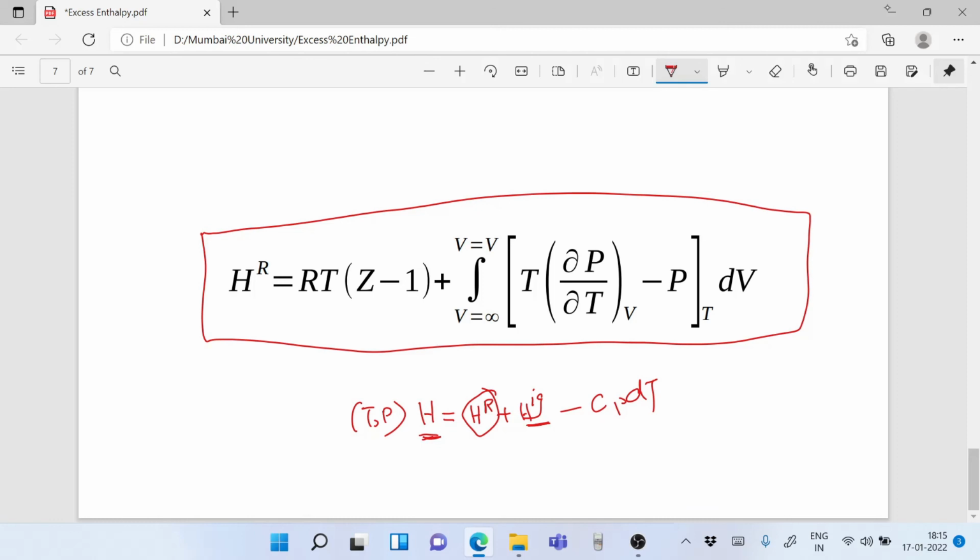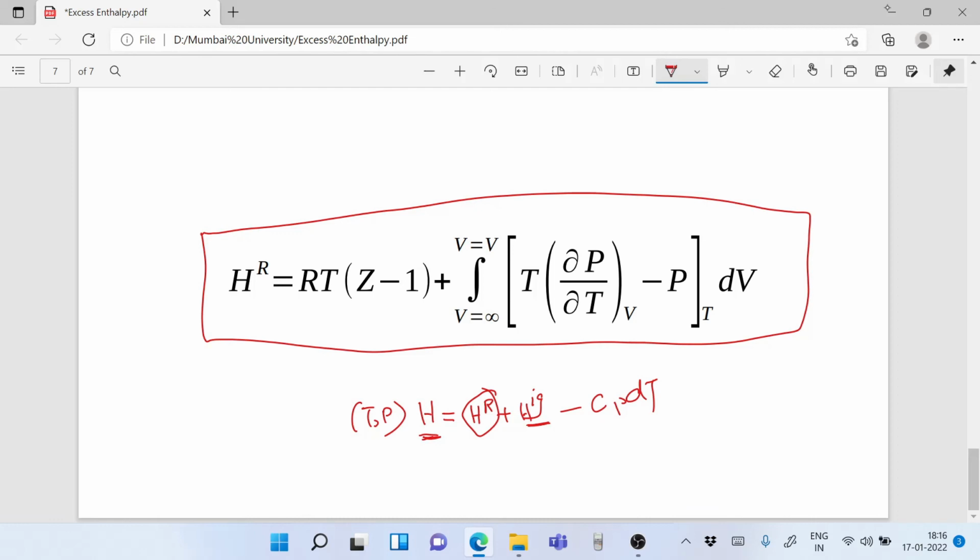Now, this is the master equation. I request all the students to at least mug up, if you like that word, or learn by heart, or commit to memory, which is a better phrase, this equation. Now, this equation can apply to any cubic equation of state. Once again, let me remind you, this equation applies to any cubic equation of state.